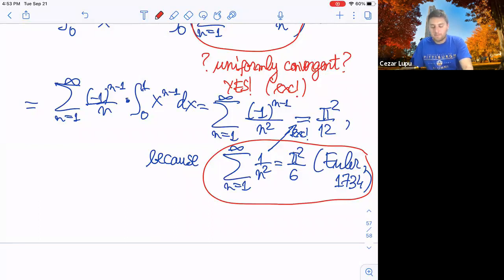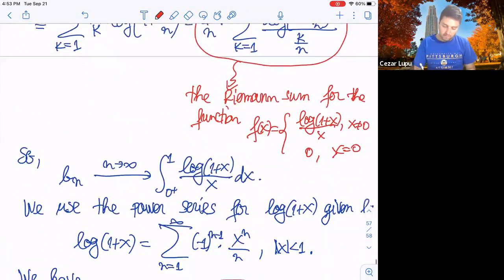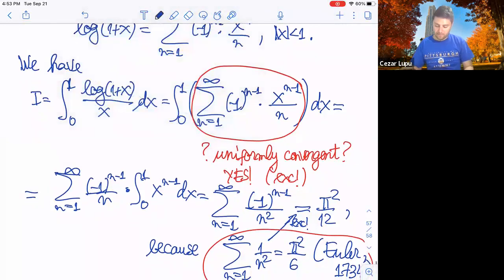Now, let me share some other applications involving power series. Let's see application 4.